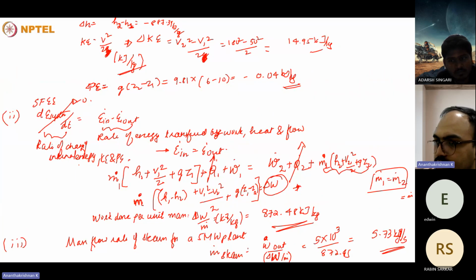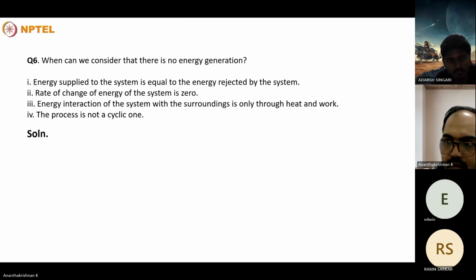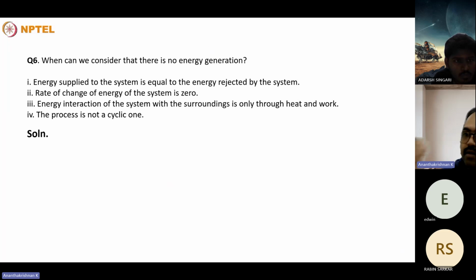If no doubts, we can move to the next problem. Yes, sir. So it's a multiple choice question. Just look into it, straightforward one.